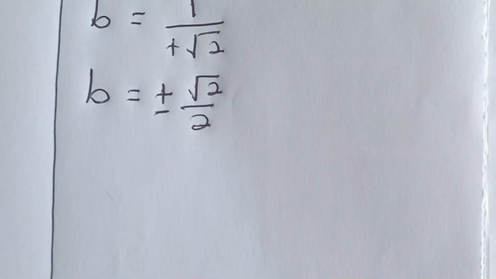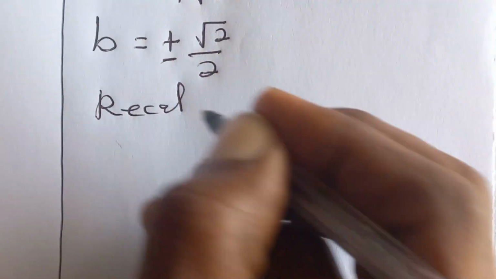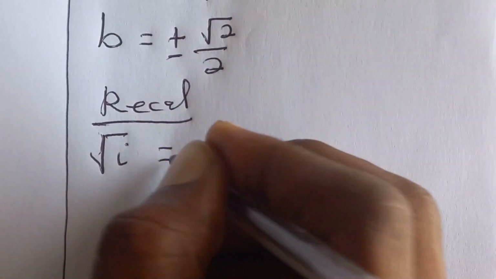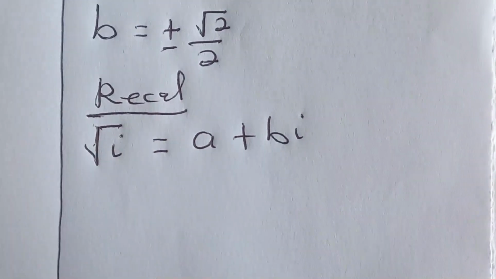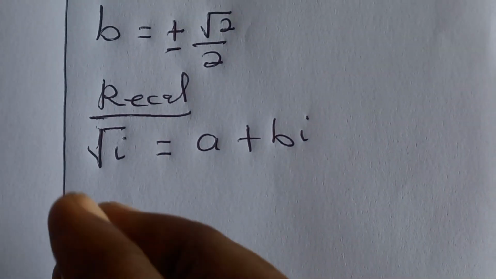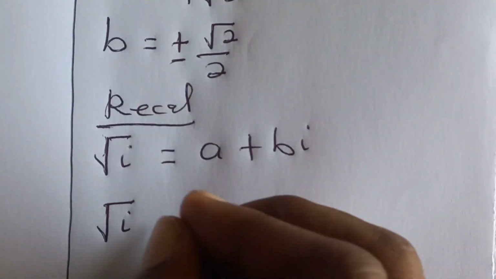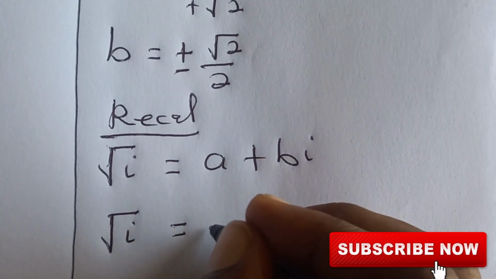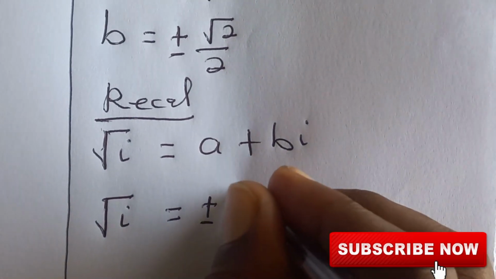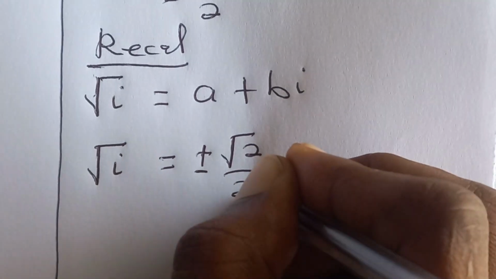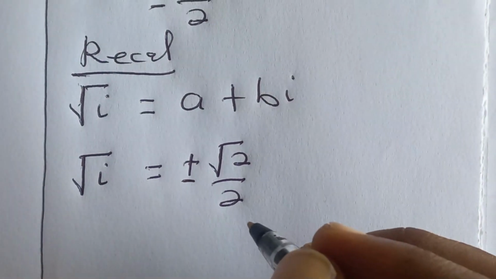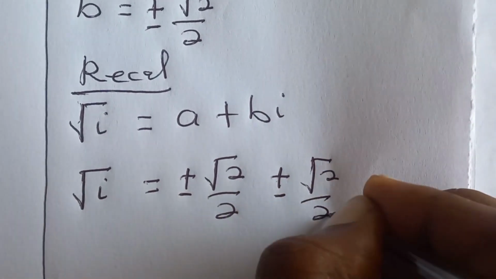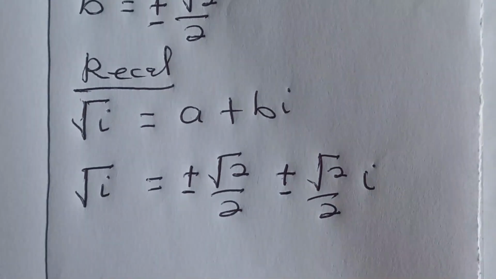So we recall our expression, which was the square root of i equal to a plus bi. Now a is plus or minus root 2 on 2, and b is plus or minus root 2 on 2, multiplying i.